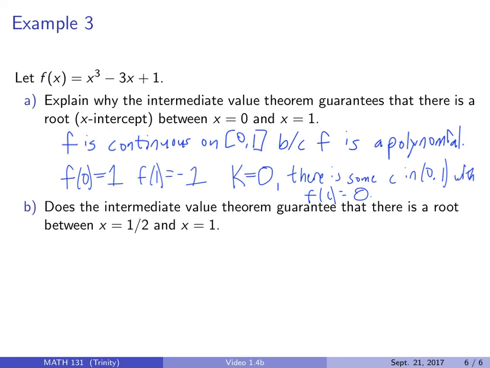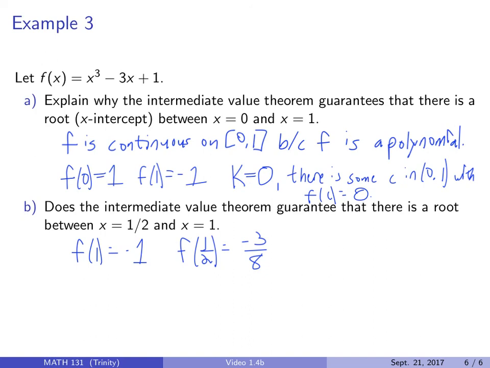Now let's see what happens on this function on the interval from 1/2 to 1. So we already found that f of 1 equaled negative 1, and then you can calculate that f of 1/2 equals negative 3/8. Because these are both negative, 0 isn't between negative 1 and negative 3/8.